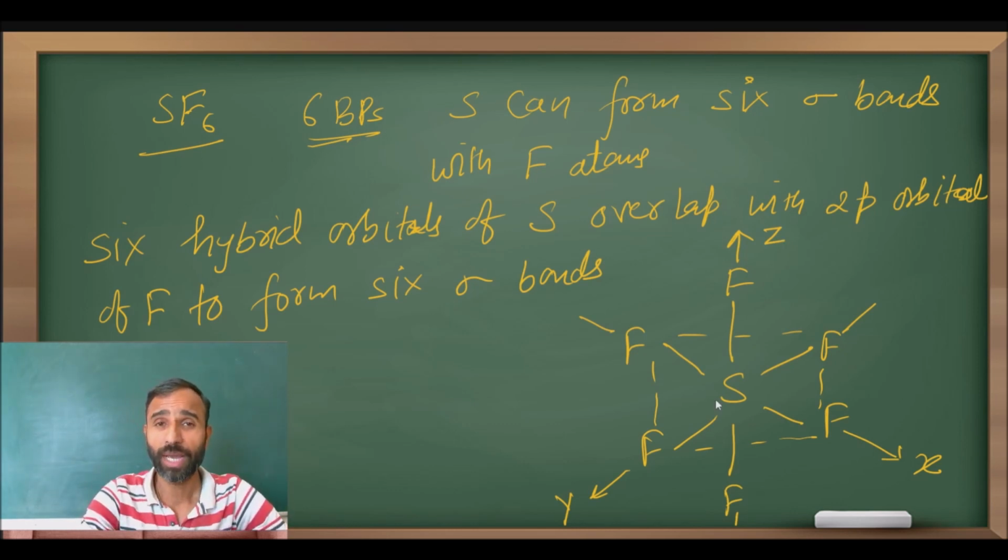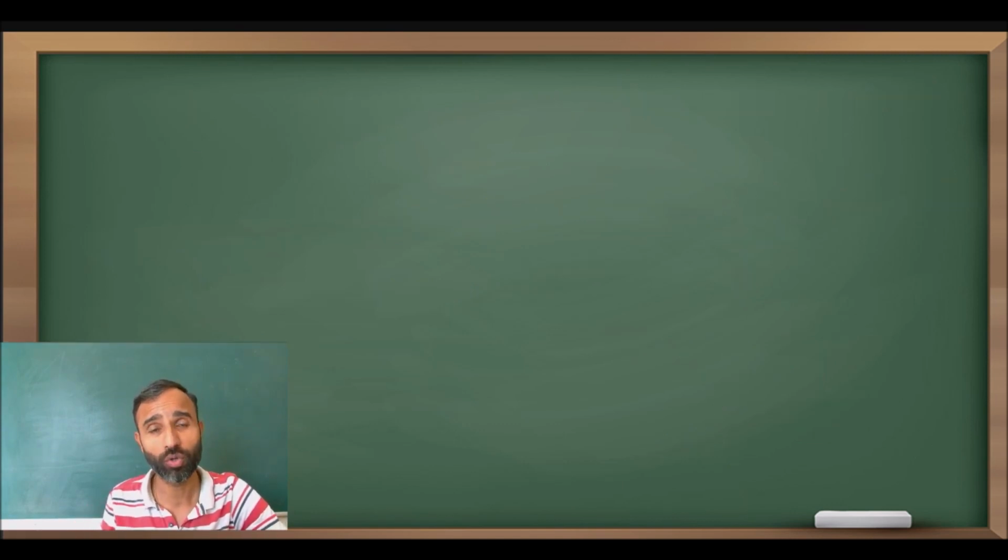If 6 hybrid orbitals are there with sulfur, sulfur should involve its 6 atomic orbitals, and obviously those atomic orbitals which are lying on the axis.